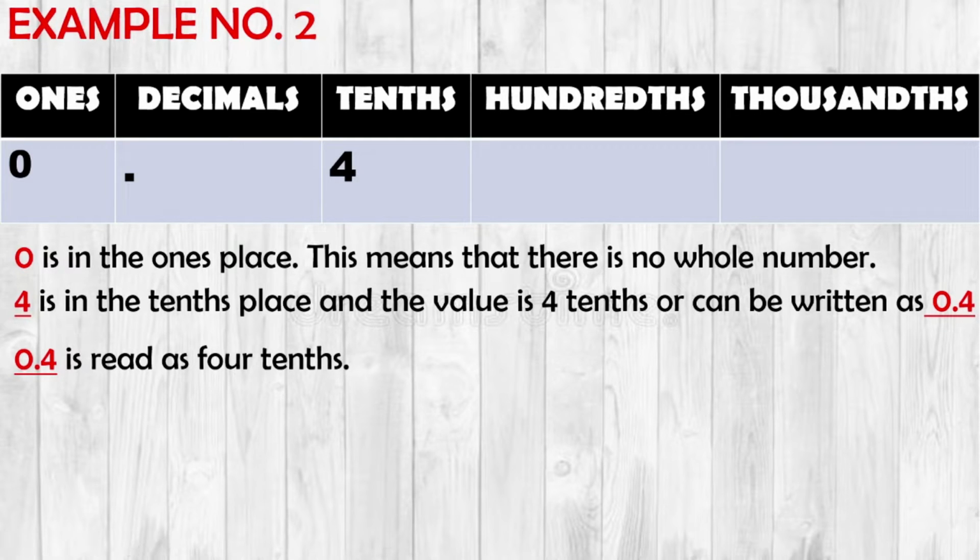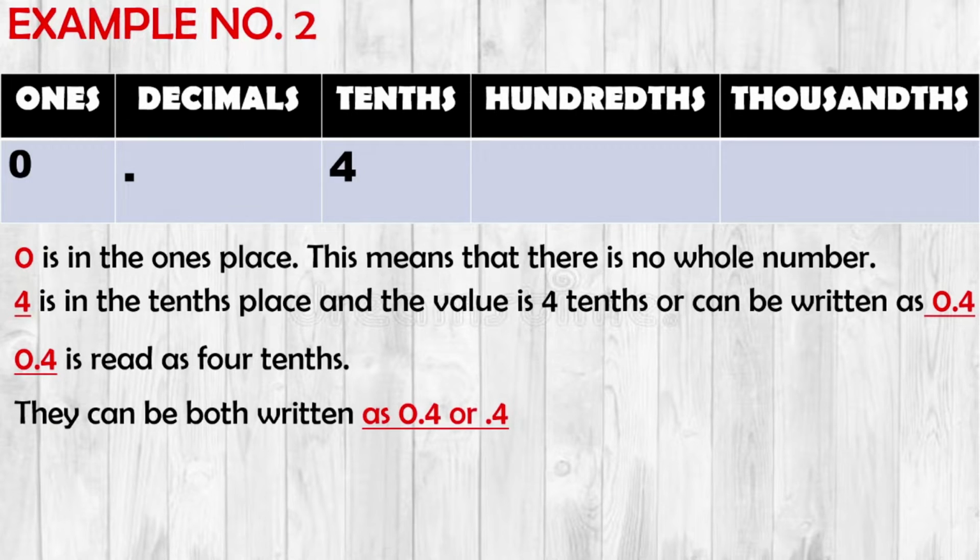Next, 0.4 is read as 4/10. We can read it as 0.4 or 4/10. Why 4/10? Because the 4 is in the tenths. So we can read it as 4/10. It can be written as 0.4.